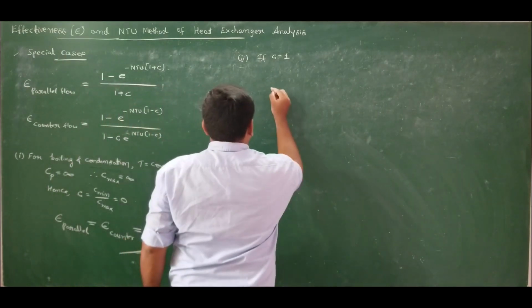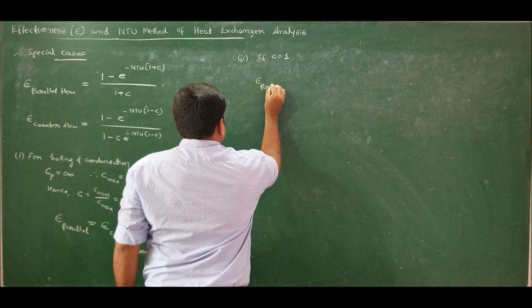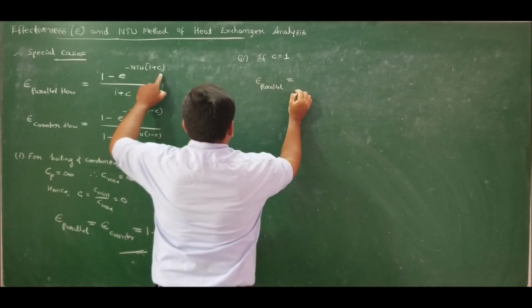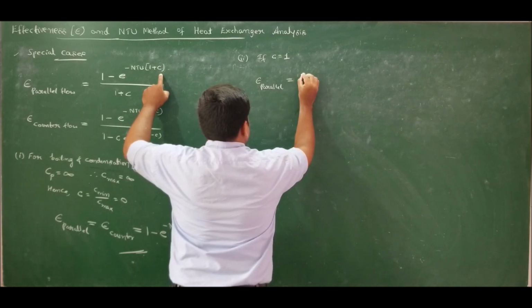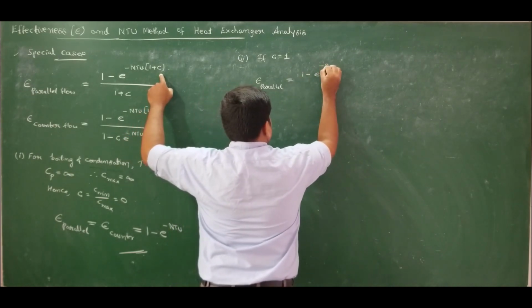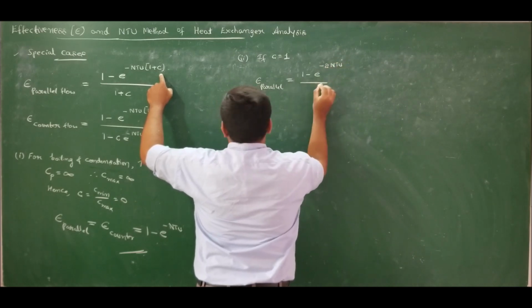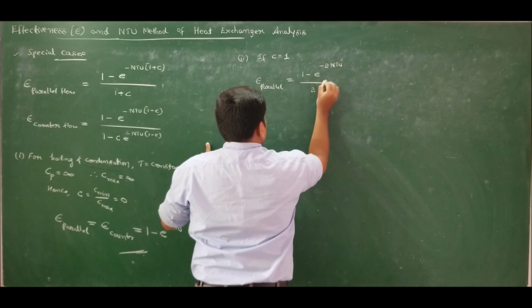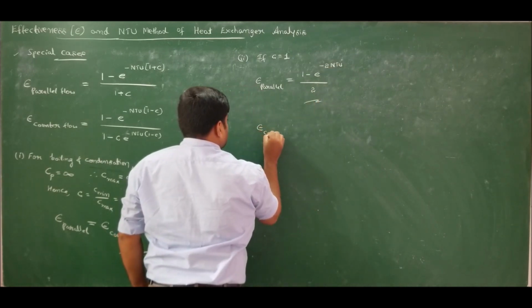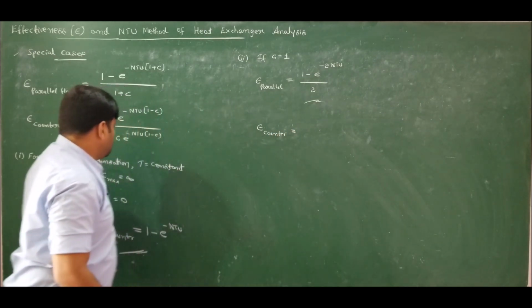In such cases, for parallel flow, if I put C is equal to 1, I will end up with 1 minus e to the power of minus 2 times NTU, divided by 2.